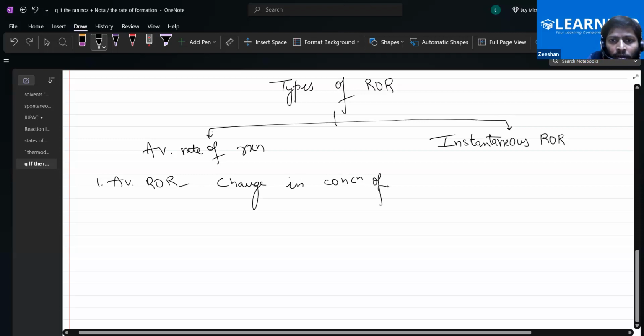Change in concentration of reactant or product in a fixed interval of time.